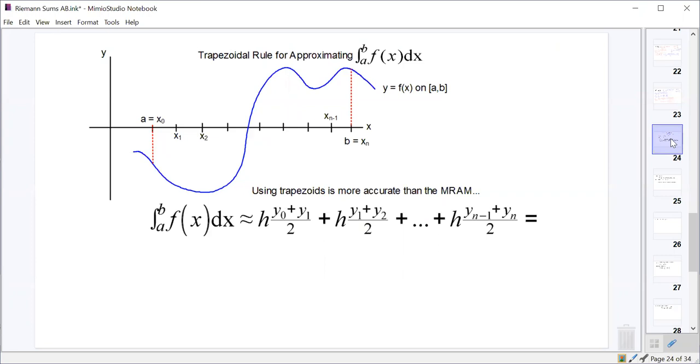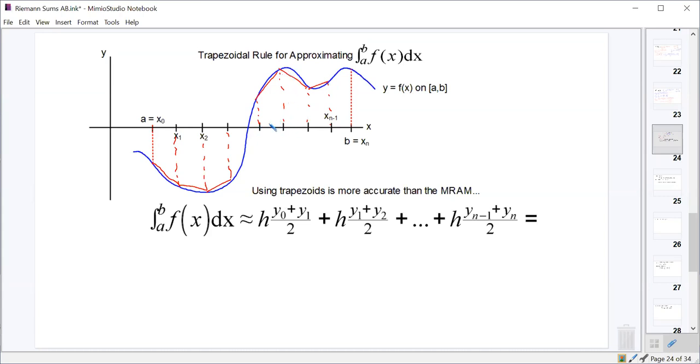says, and don't worry, I promise we're going to get back to integrals eventually, the trapezoidal rule says, draw a bunch of trapezoids in here. And I'm not going to draw this one in the middle here because it ends up looking weird, but that's fine. Okay. Take the heights of the function at each of the values, and what we want to do is draw a trapezoid so that one base is the height of the function, and then the other base is a different height of the function at a different x value.